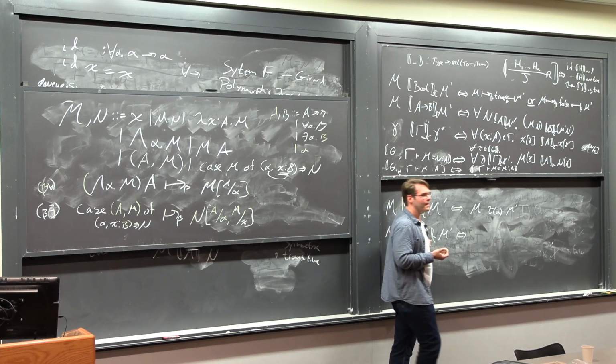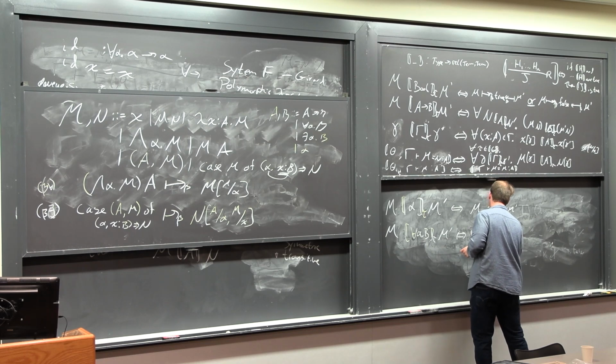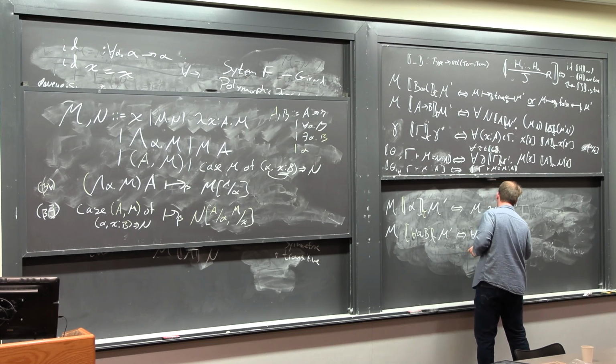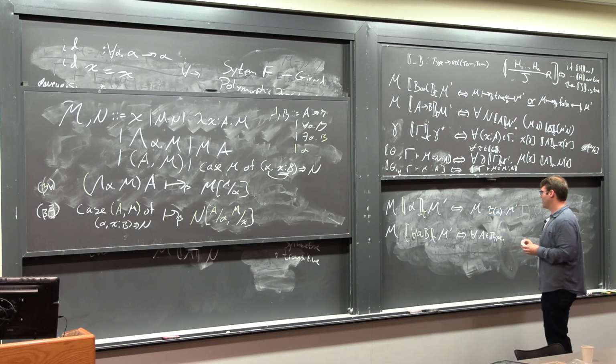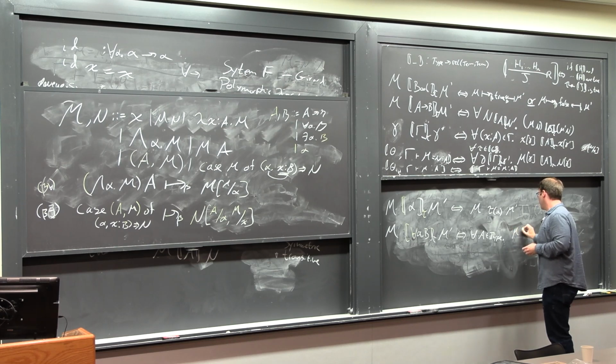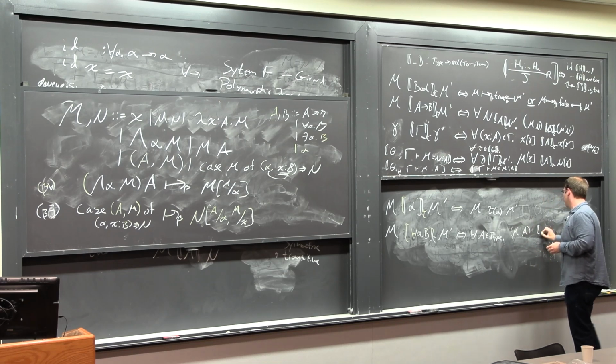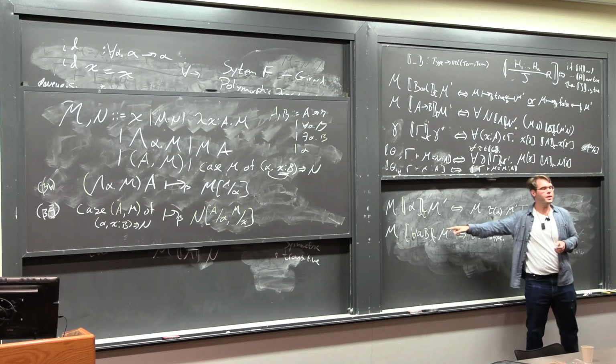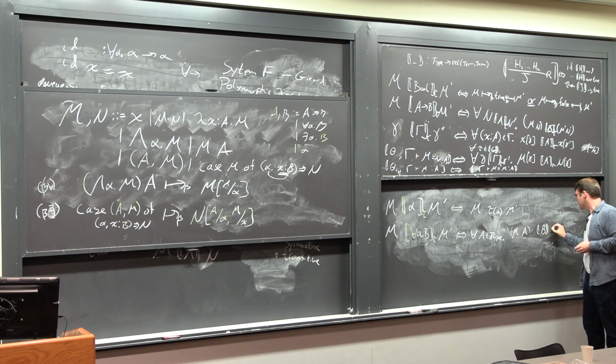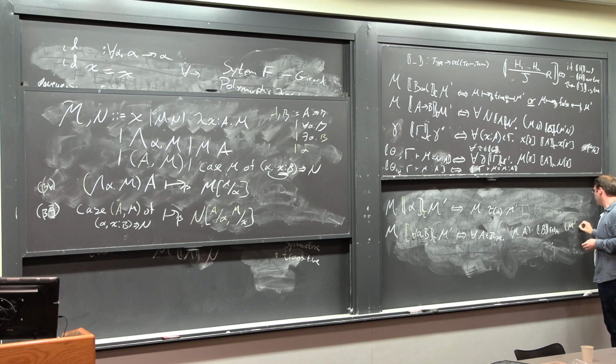So I'd say something like this, for all types A, then M applied to A has to be related to this. So we're going to plug in the meaning of A for tau. So it kind of looks like this. Translate A, plug it in for tau, M prime applied to A.